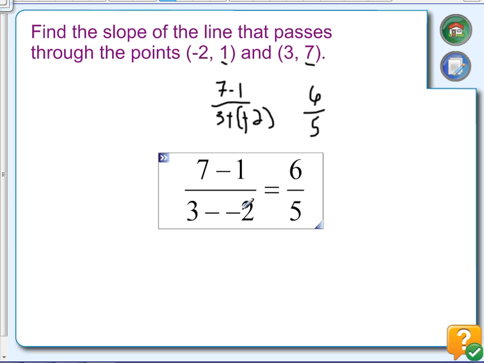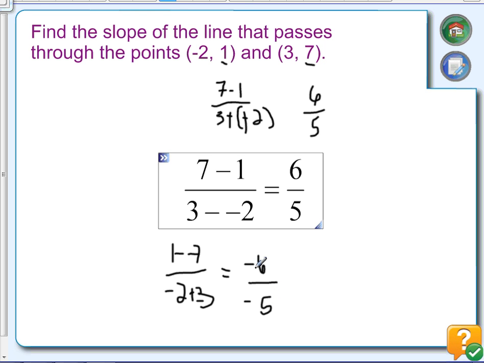I'm just going to show you real quick. If I were to do it the other way, if I were to start with my 1 first, I could do 1 minus 7 all over -2, again being consistent, minus 3. Well, 1 minus 7 is -6 over -2 plus -3 is -5.